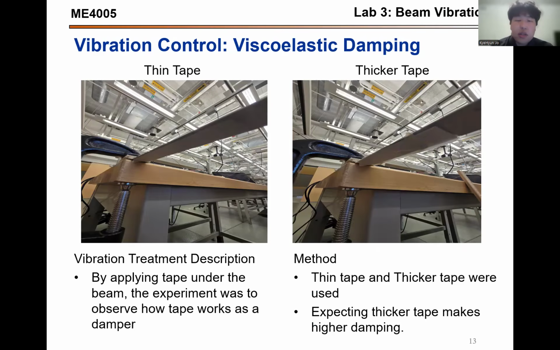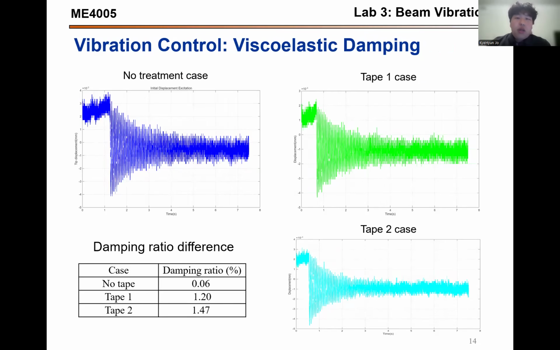The last one that we did, we applied thin tape and thicker tape, to see if there is any difference in the damping ratio and how it affects the decay. As you can see, these are the two setups. Comparing everything, the no treatment case, tape 1, and tape 2, you can see that when the tape was added, which increases the damping, the decay gets faster and faster.